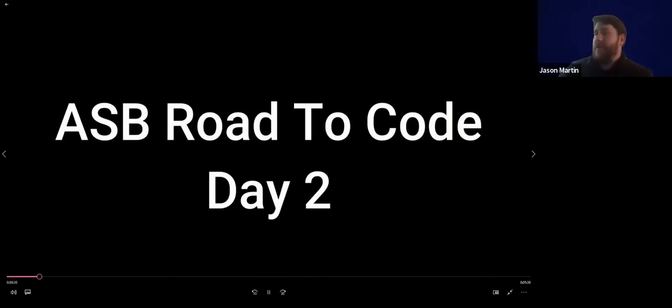And this is ASB Road to Code, day 2. I want to be an engineer, because I like putting things together and fixing them. Probably the mouse one, because it was more colorful and cartoon.